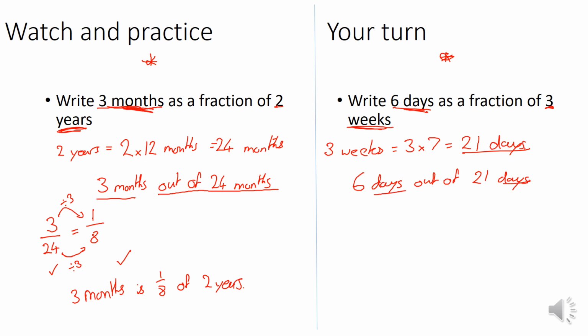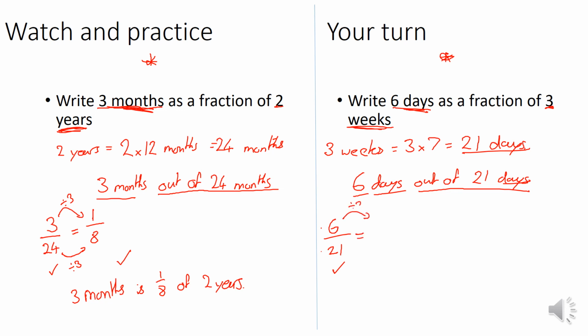So we've got 6 out of 21. Because it's out of 21, that tells us the bottom of the fraction will be 21. And we've got 6 days out of 21 days, so it'll be 6 out of 21. Again, at this point you'll be on 2 out of the 3 marks. What else do we need to do?